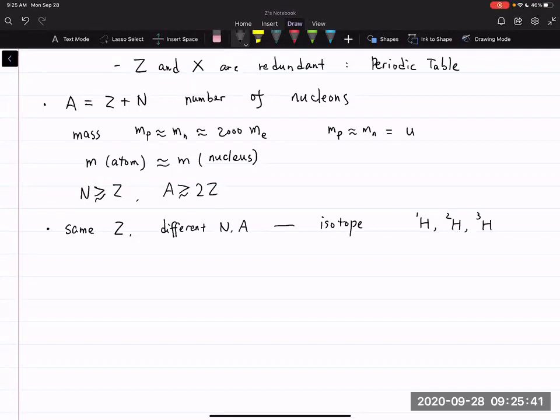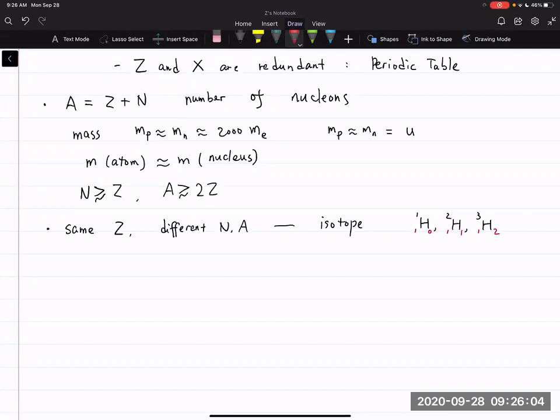Then we can fill in these numbers on the left-hand side. So this will be 1, but we don't write it. Then we have this A, and we can subtract A and Z, we get N. So here in this case, hydrogen has 0 neutrons, 1 neutron, and 2 neutrons.